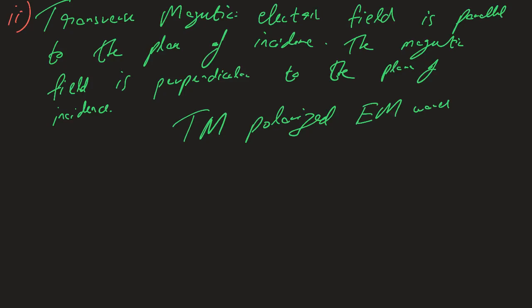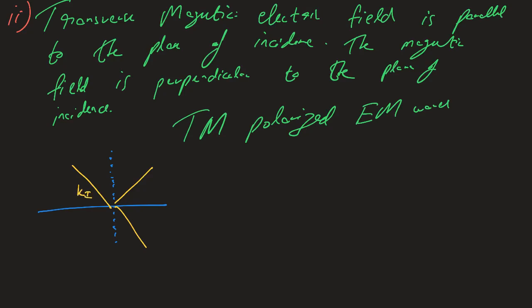If I just quickly draw them out for you one more time. So basically, this is your interface. This is your normal. Let me just extend this to here. So this is your incoming wave vector, this is your reflected wave vector, and this is your transmitted.